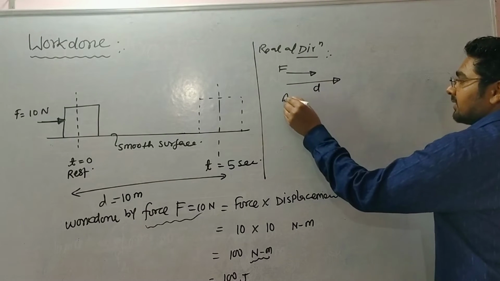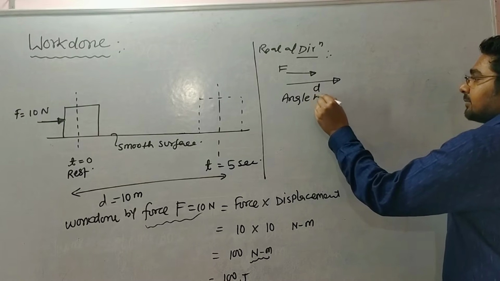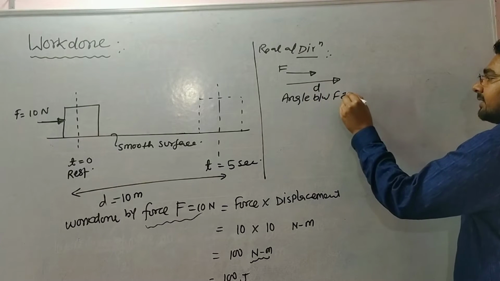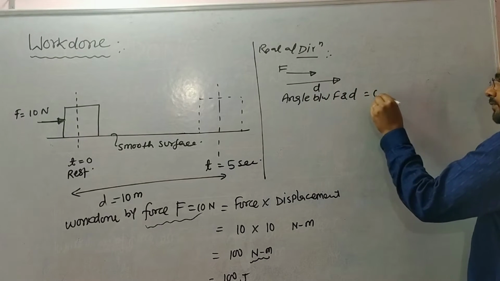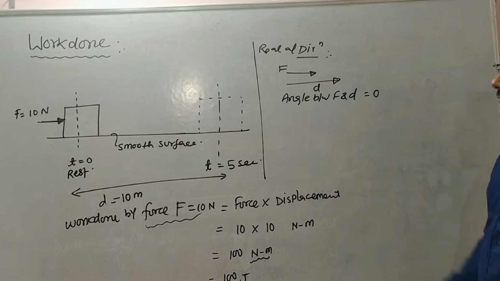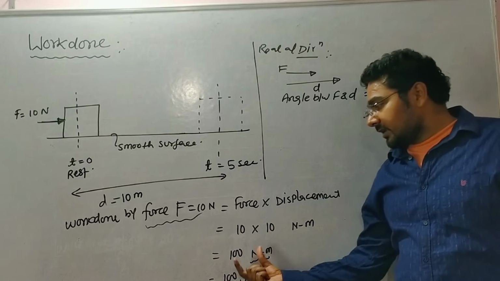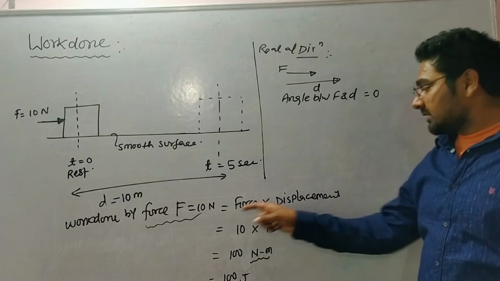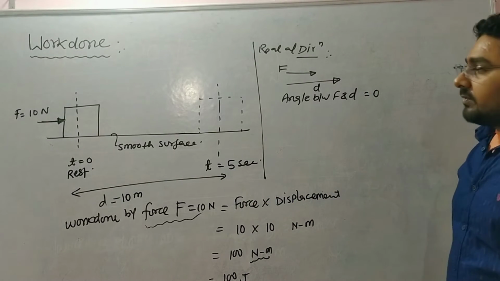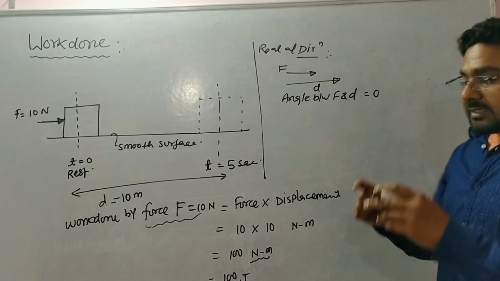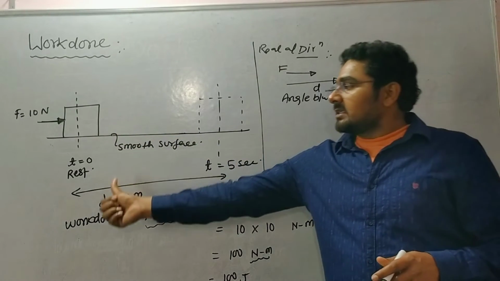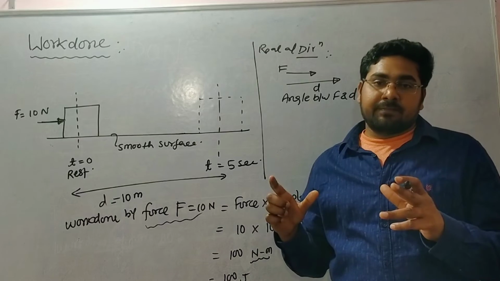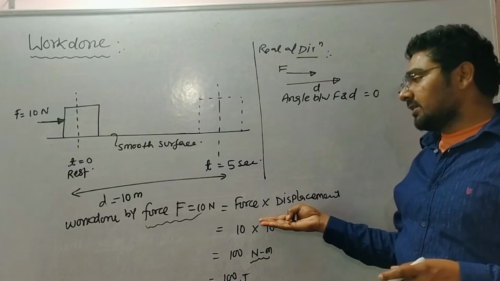The angle between F and D is 0. So when the angle between these two is 0 degrees, we can directly multiply the force and displacement. Or we can say that if the direction of the applied force and the direction of displacement are the same, then the magnitude of the work done will be this.